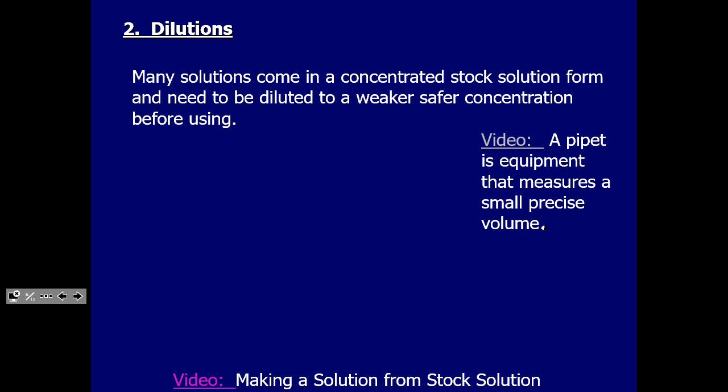Don't worry about making a stock solution video or making from a stock solution video, because I'm going to show you how we do this. Again, those video links would be if you were away and you were watching the video, you'd fast forward through me talking here about this equipment, and then you could watch that video link, and it would show you how I would use this equipment.